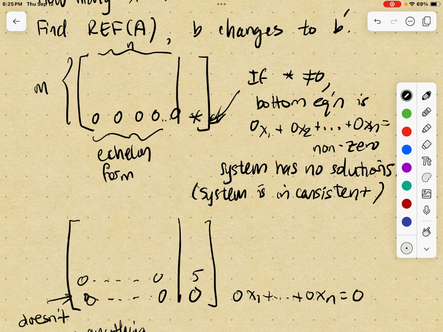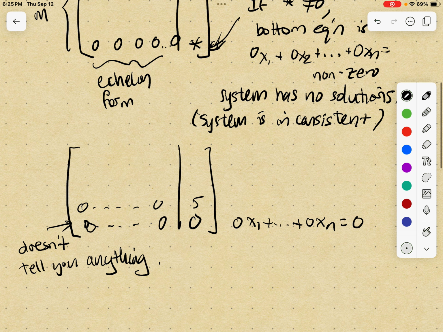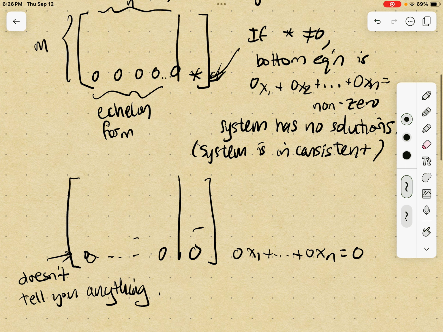It has no solutions precisely when you get a row of zeros in the A matrix, but then a non-zero number in the b, in the augmented part. That's the only way you're going to get inconsistent. If it's inconsistent, that's bound to happen, okay? There's no other way you could somehow get it to be inconsistent. So let's say we don't have this, right? Let's say that you have consistent.